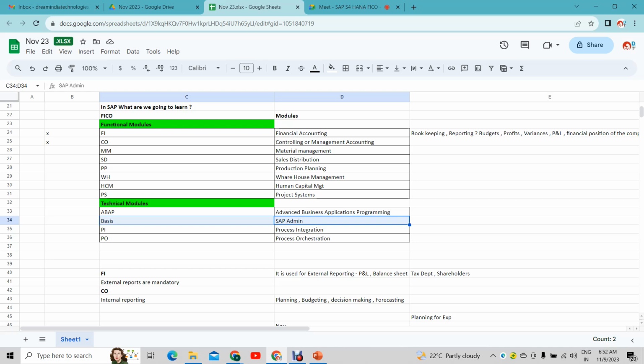Okay, likewise, first of all, the SAP system needs to be configured and set up with all the required configuration. That part will be taken care of by the basis consultant in the organization.